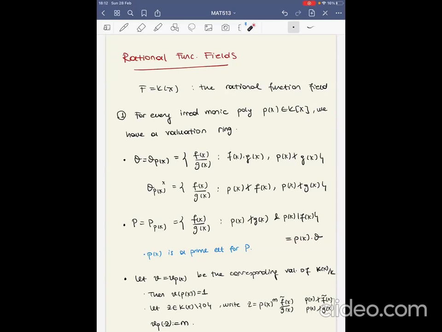In other words, p of x is a prime element for P. By using the representation of z in terms of p, we also defined the discrete valuation map, and we observed that v of p of x, the prime element, is 1, when we denote v_p(x) briefly by v.